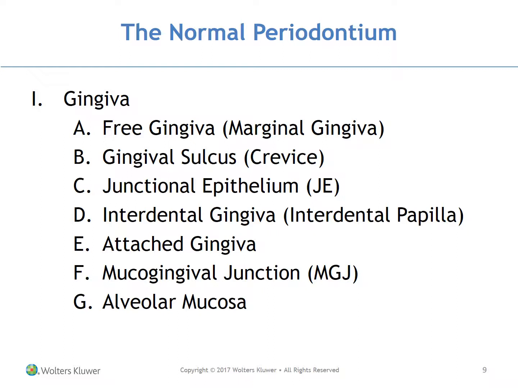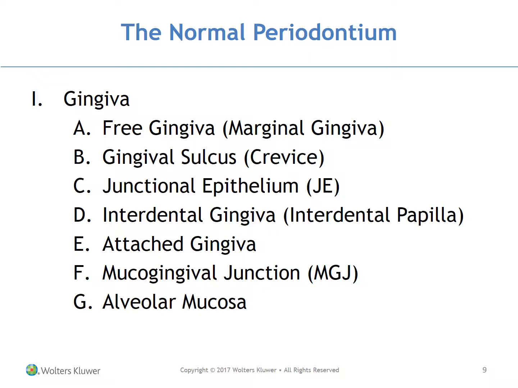In the absence of inflammation and pocket formation, the gingival groove runs slightly parallel and about 0.5 to 1.5 millimeters from the gingival margin, the top of that free gingiva. The gingival groove is approximately at the level of the bottom of the gingival sulcus.